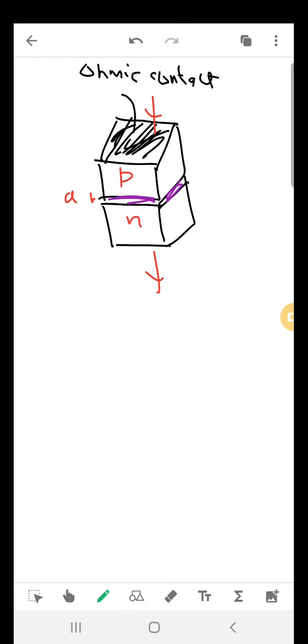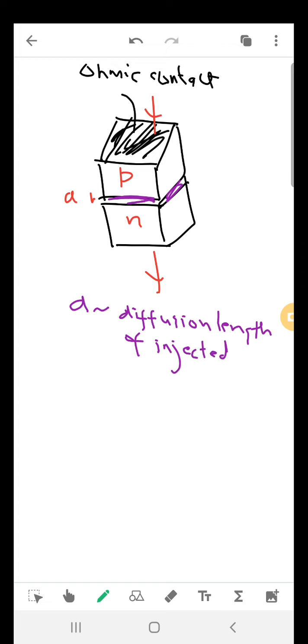Now, population inversion or gain occurs over an active thickness T, as I have told, which in a homojunction laser is approximately equal to the diffusion length of the injected carriers.